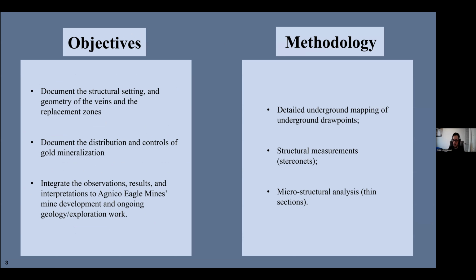And the methodology used was detailed underground mapping of underground draw points, and taking structural measurements while doing the mapping to make stereonets and just general structural analysis. And finally, make microstructural analysis using thin sections.